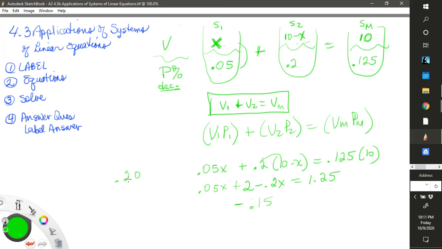You know, that messes with my brain. That's correct. Negative 0.15 plus 2 equals a 1.25. We're going to subtract 2 from both sides.